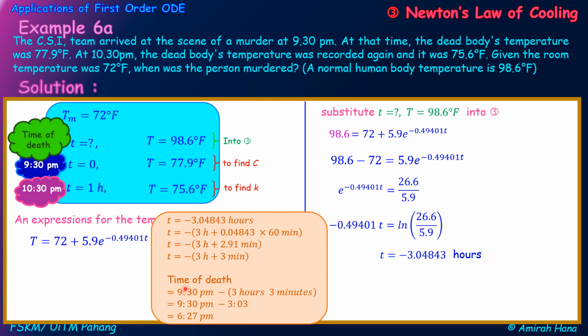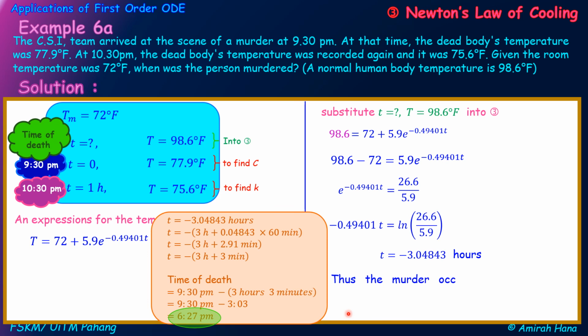So the time of death equals, from 9:30 p.m., we minus 3 hours 3 minutes, or 3:03 here. So the time of death equals 6:27 p.m. on the same day.